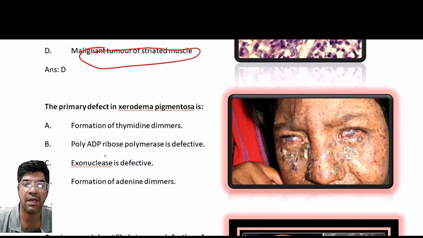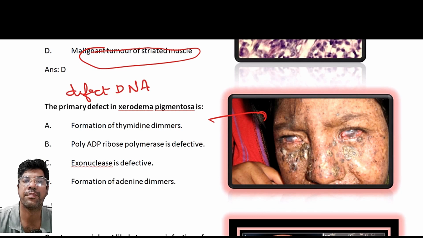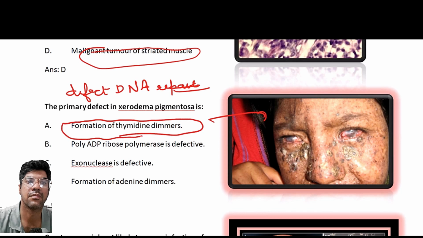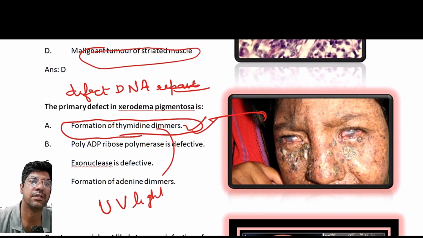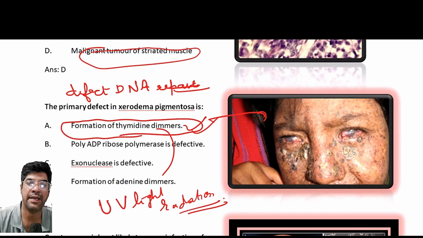Xeroderma pigmentosum is characterized by a defect in the DNA repair mechanism, so there is formation of thymidine dimers due to exposure to UV radiation. That causes skin cancers, and it is due to the inability to repair the UV induced DNA damage properly.